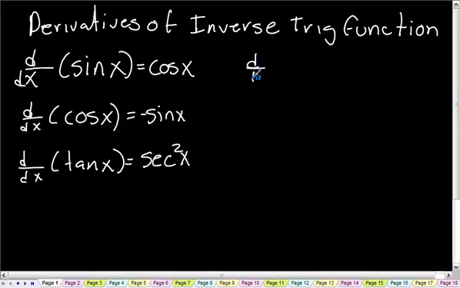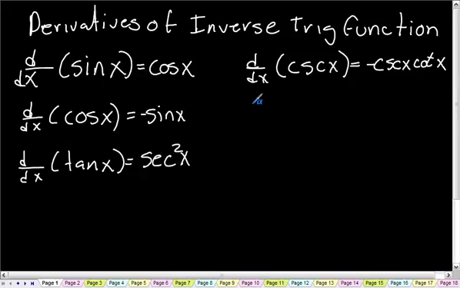The derivative of cosecant x is equal to negative cosecant x cotangent x. The derivative of secant x is equal to secant x tangent x.